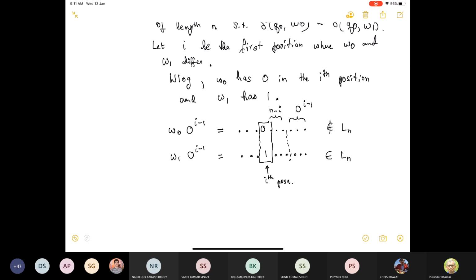I have defined this for languages, L to the power n, but we can apply it for strings and symbols as well, right? So does anyone have any questions about this?